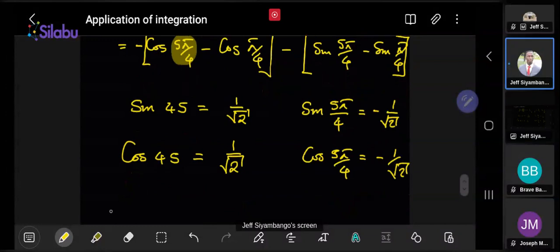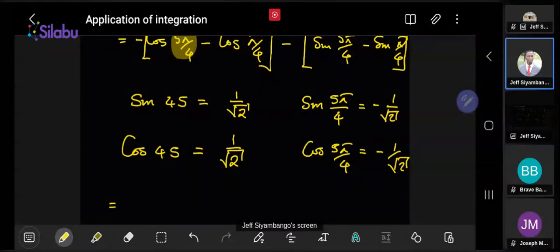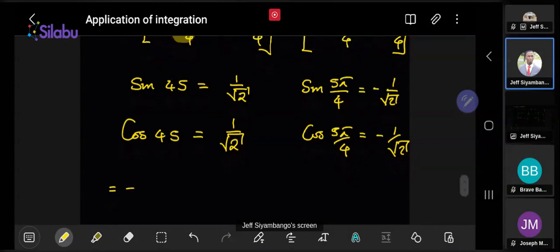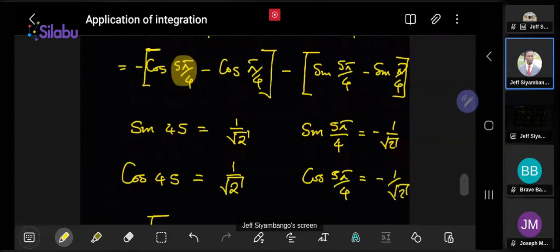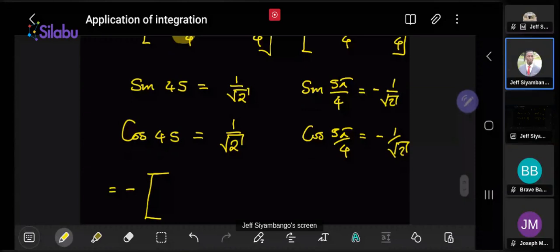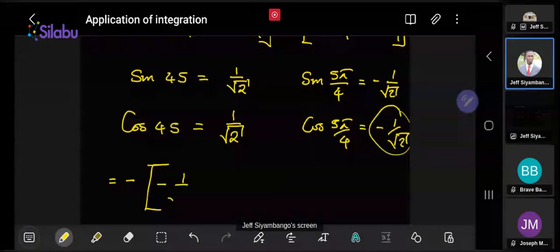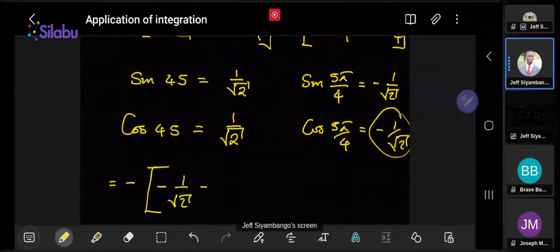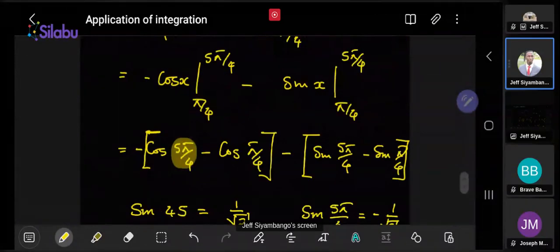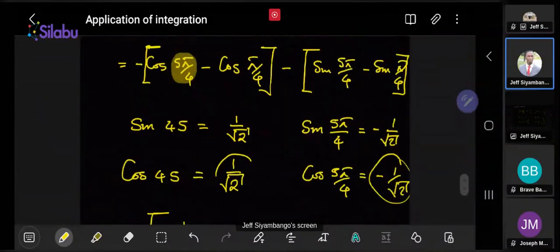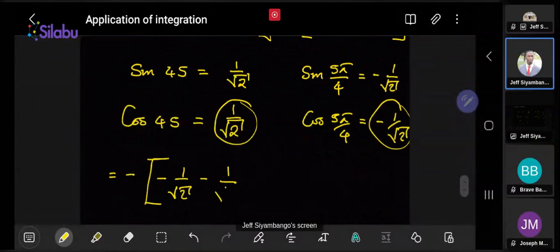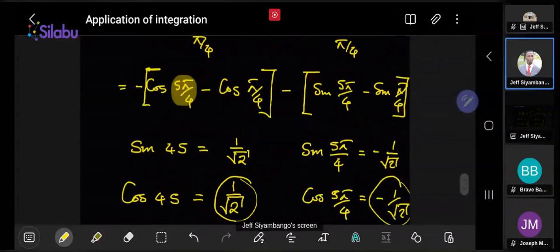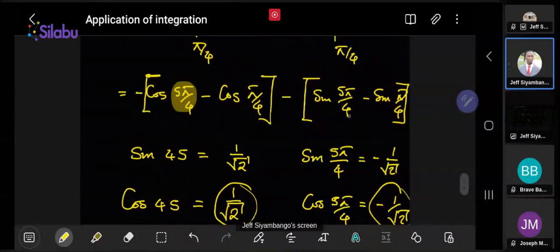So your answers would be minus the first one, cos 5 pi over 4. We saw this is minus this. Minus, then we have cos pi over 4. Cos pi over 4 is cos 45, which is 1 over root 2. Minus the second part, sine 5 pi over 4.